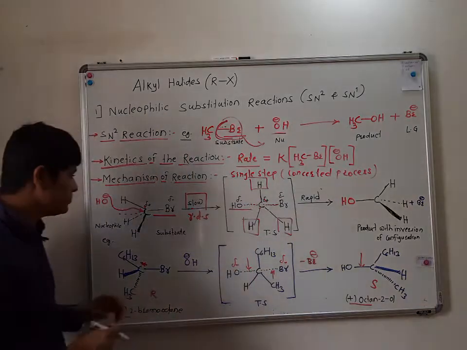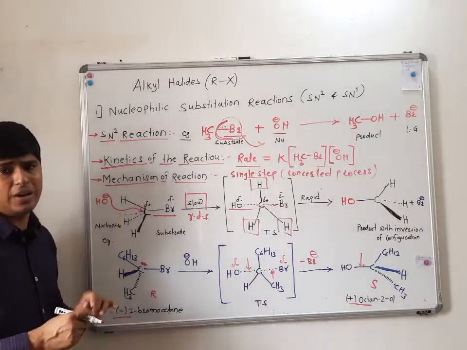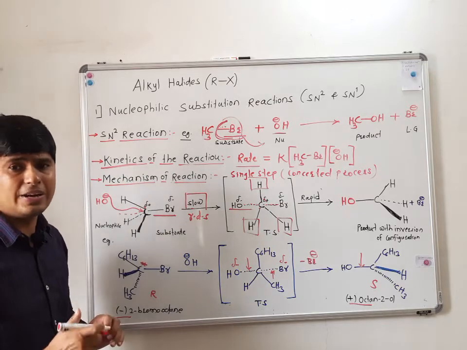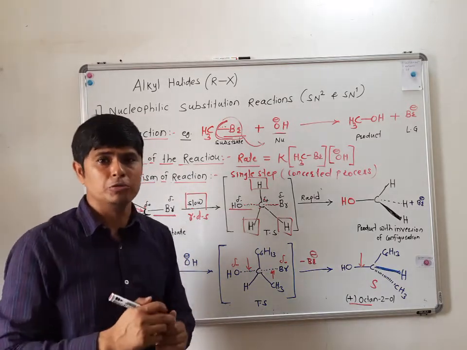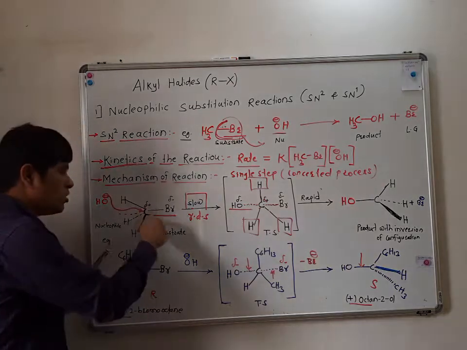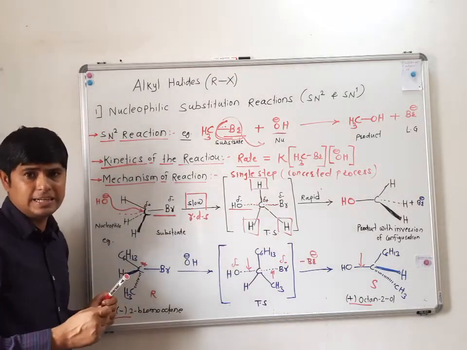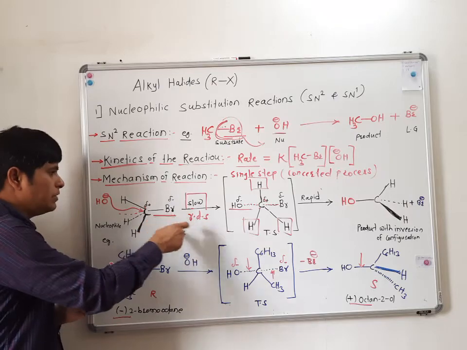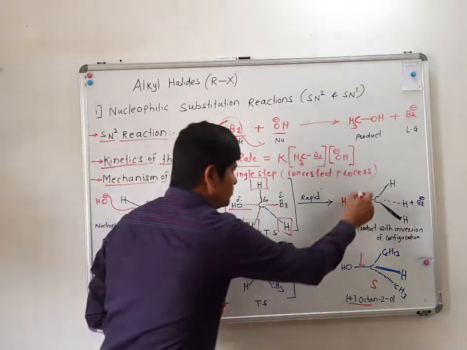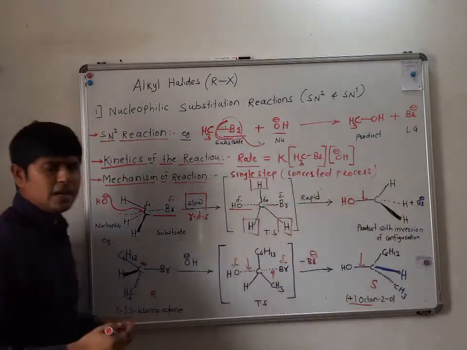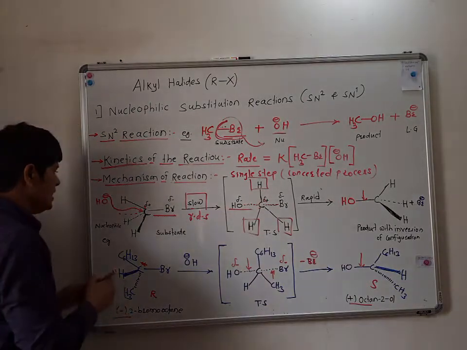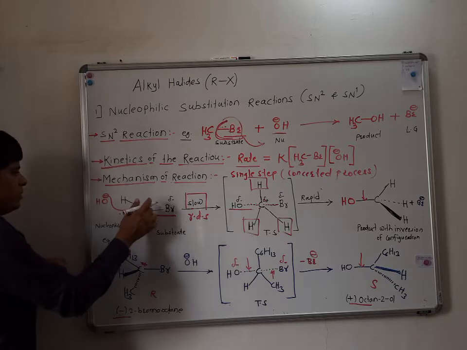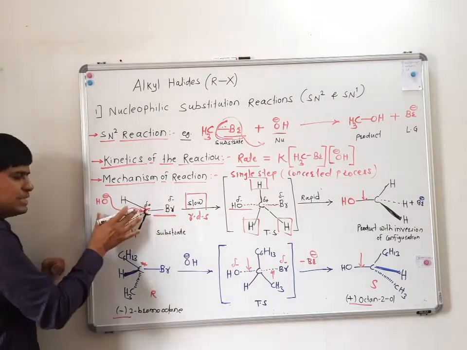Now see the approach of this nucleophile, hydroxide ion. From which side will this hydroxide ion approach to knock out this bromine atom from the reaction center and form a bond with this carbon atom? See here, this is the backside of this carbon atom. Why am I calling it the backside?